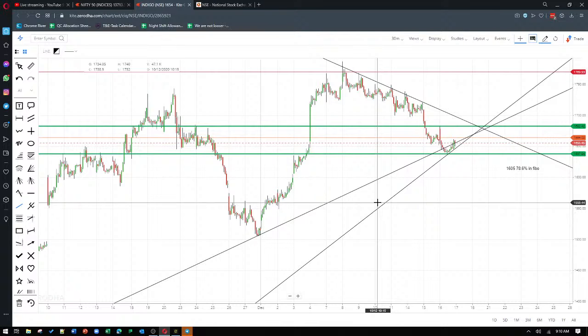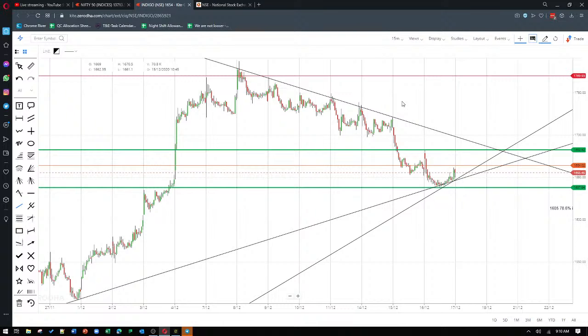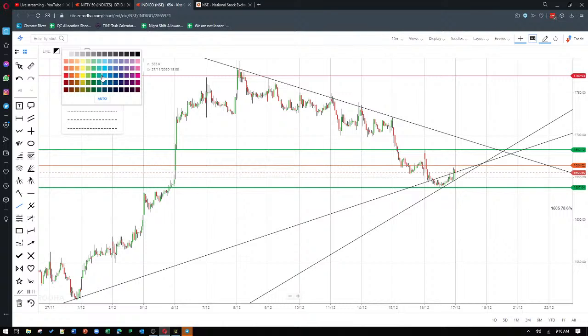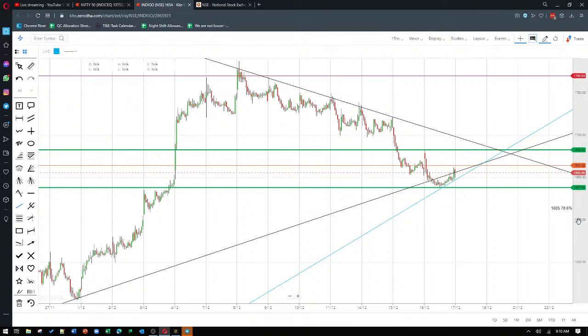Right, so 30 minutes looks pretty good, and on 15 minutes I don't see anything. Let me slightly change this color. Maybe I can take blue.